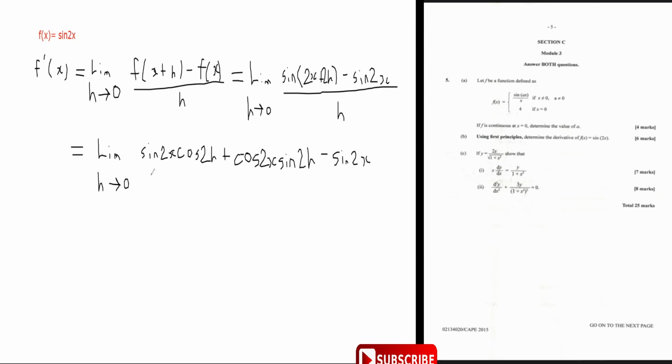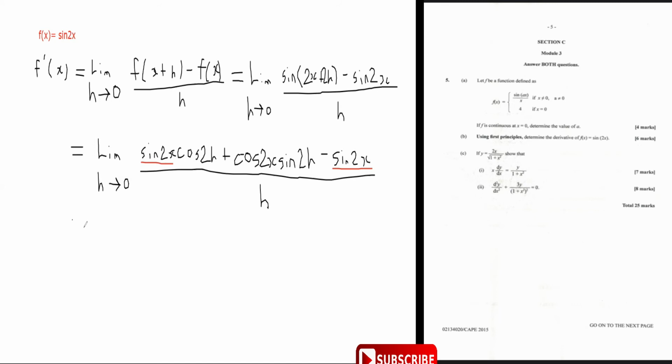Everything is all over h. So what do you do next? Now one thing I notice is that we have sine 2x right here, and we have sine 2x right here. So we can group those two, and we can factorize sine 2x from those two.